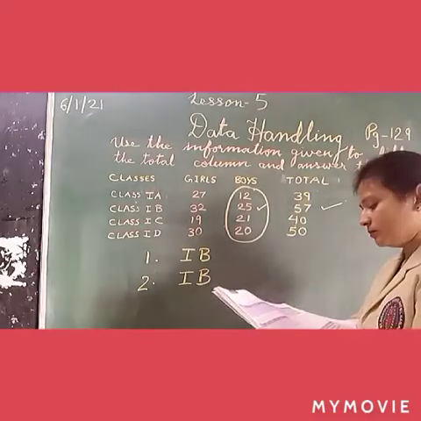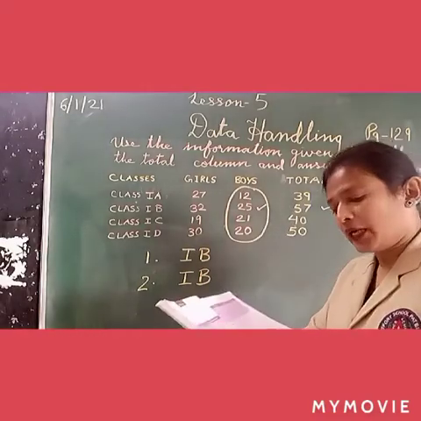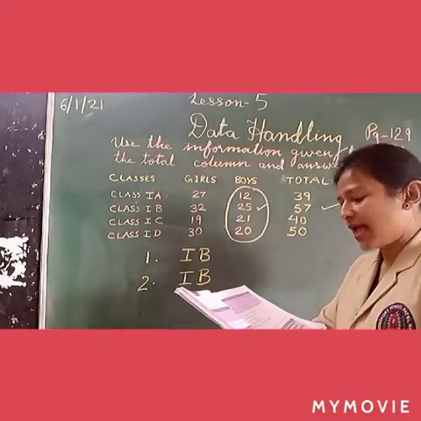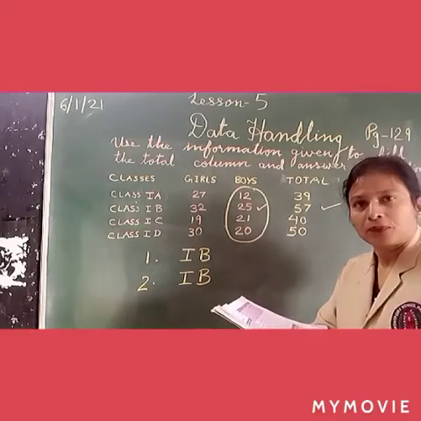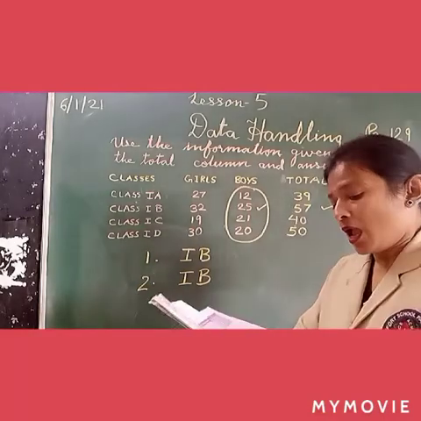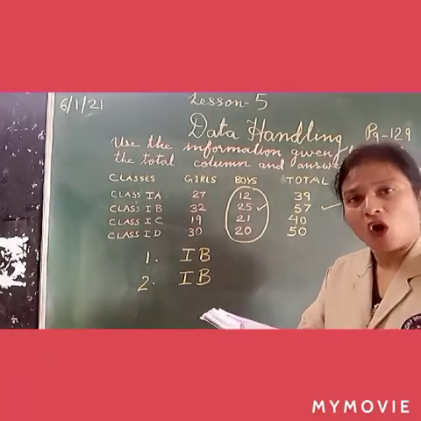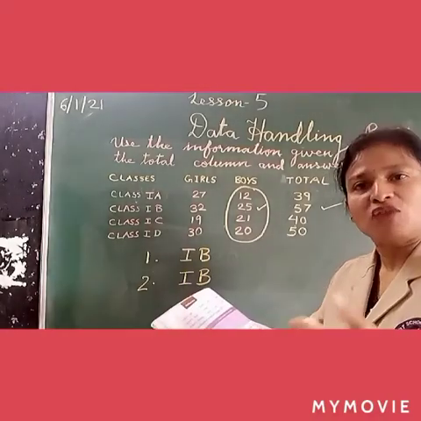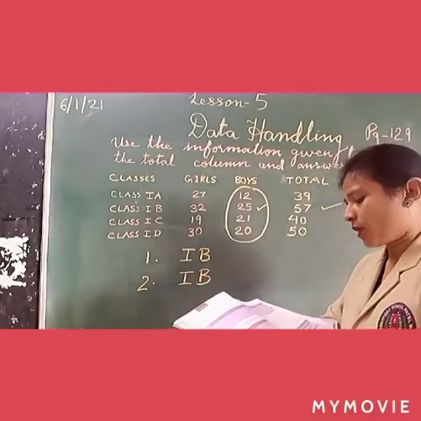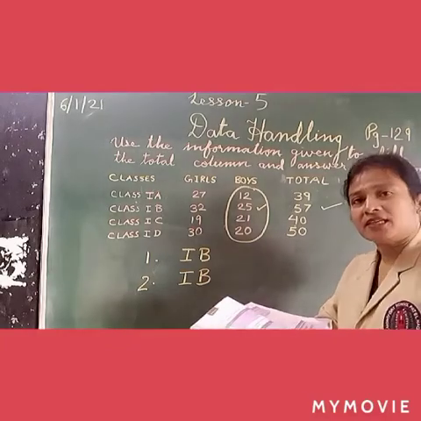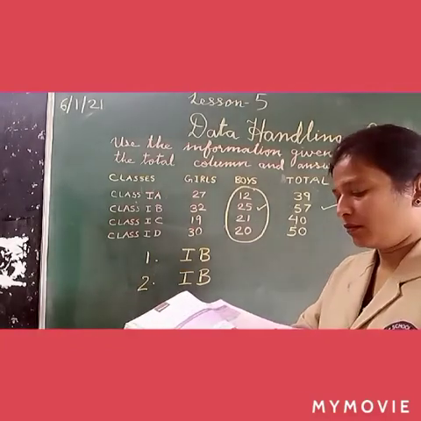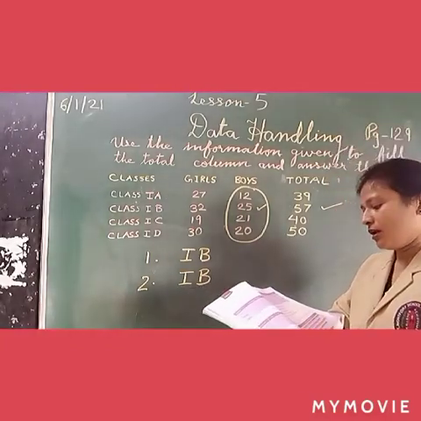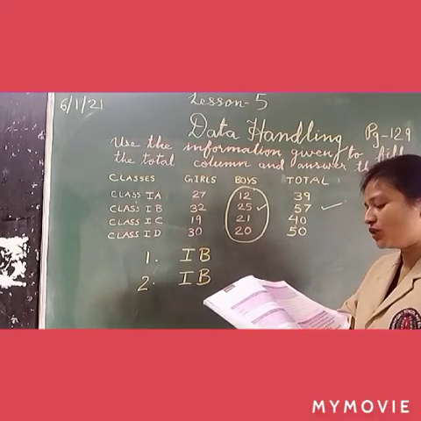Now come to the third question. Which class has maximum number of girls? Here is a misprint. In maximum, the spelling is wrong. Correct it properly, seeing question 1 and question 2. I is written, you will write A. Now number of girls you have to see. Maximum number of girls.